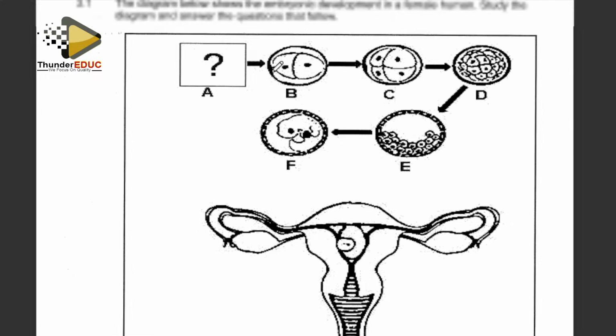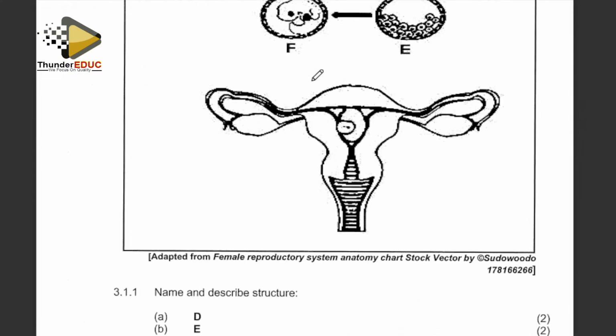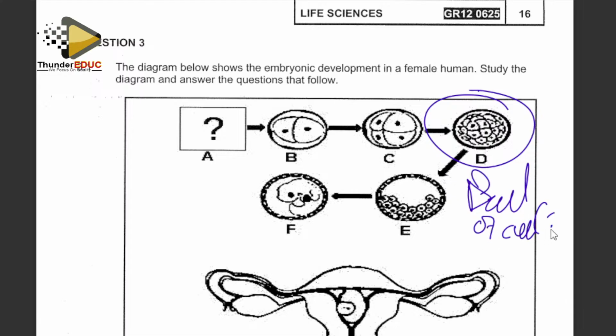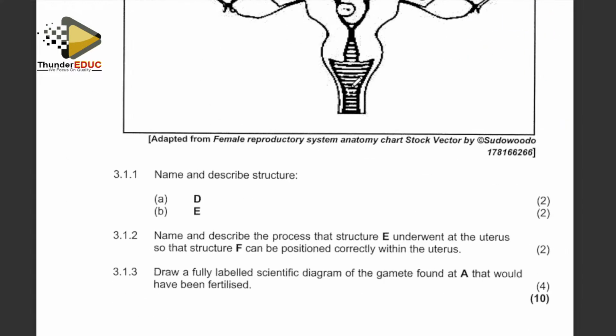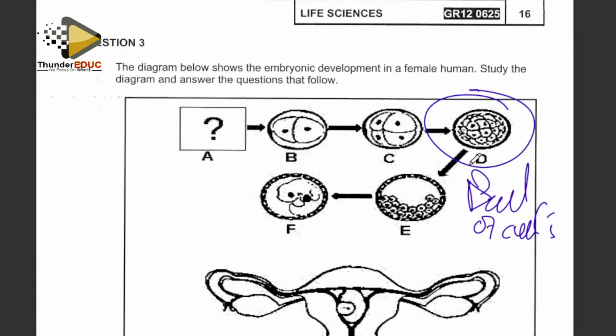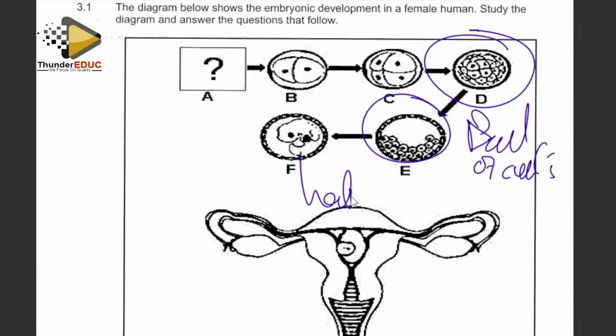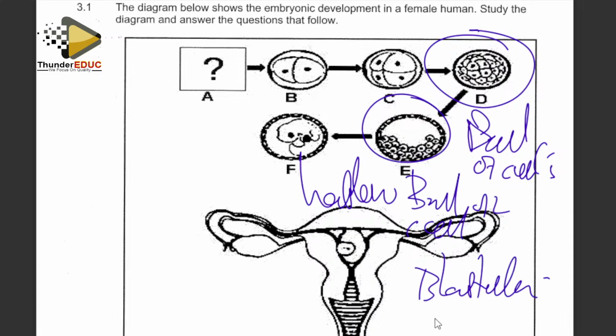They are saying that structure D is a ball of cells, which you call morula. So it's basically a ball of cells called what? Morula. So that's the answer. Then structure E is a hollow ball of cells called blastula or blastocyst.